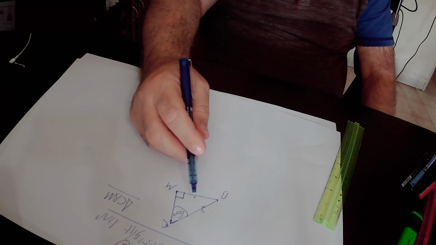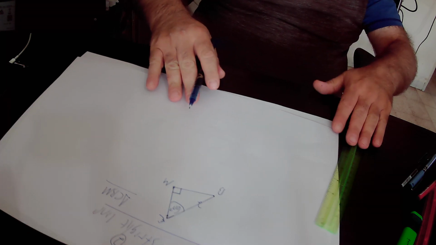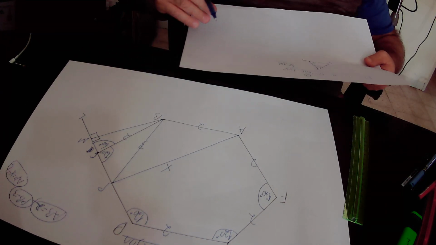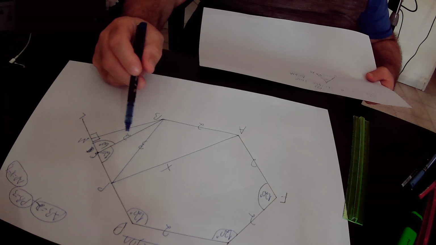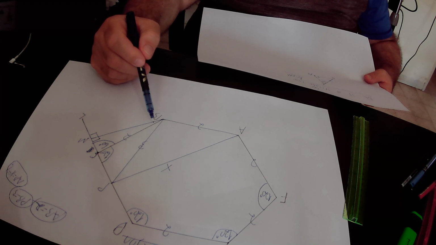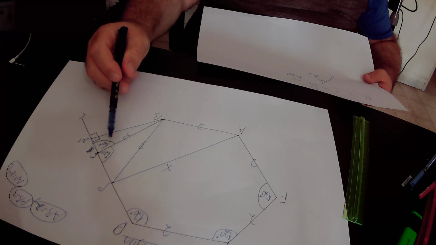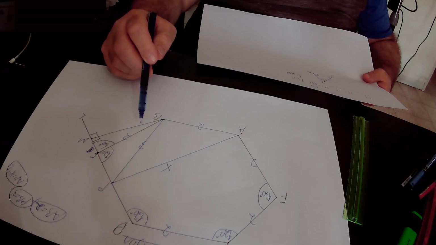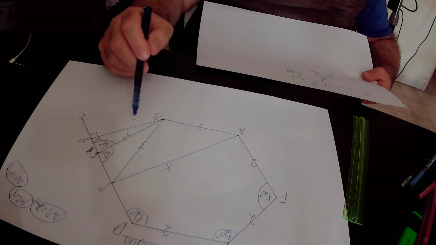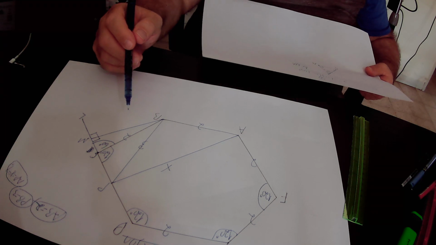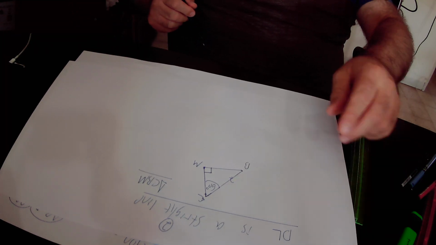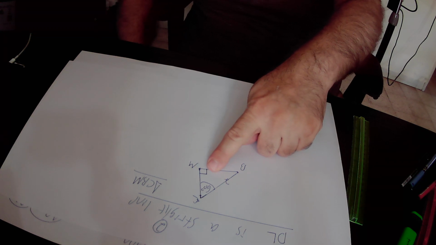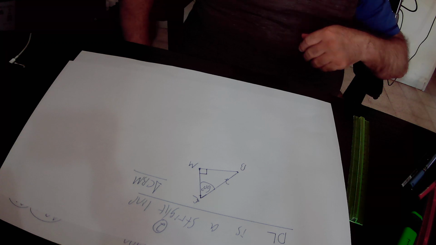Side BC equals 2 units because it is one side of this regular hexagon, and we know that all the sides of this regular hexagon are equal to 2 units. This angle equals 60 degrees according to rule number 1, and this angle equals 90 degrees according to our construction.